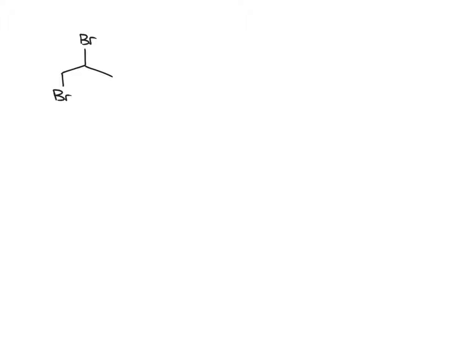Then we're going to react this with a base. Let's just stick with hydroxide. This might be written as NaOH or KOH, regardless you have your hydroxide. So what we're going to do here is we're going to eliminate H and Br across the carbon-carbon bond.